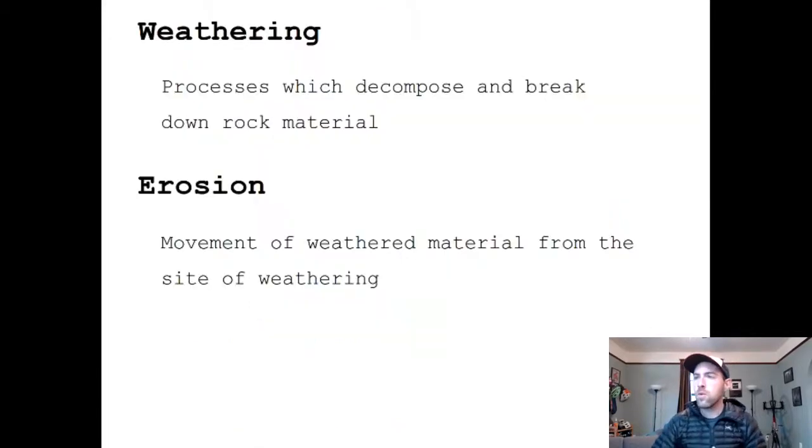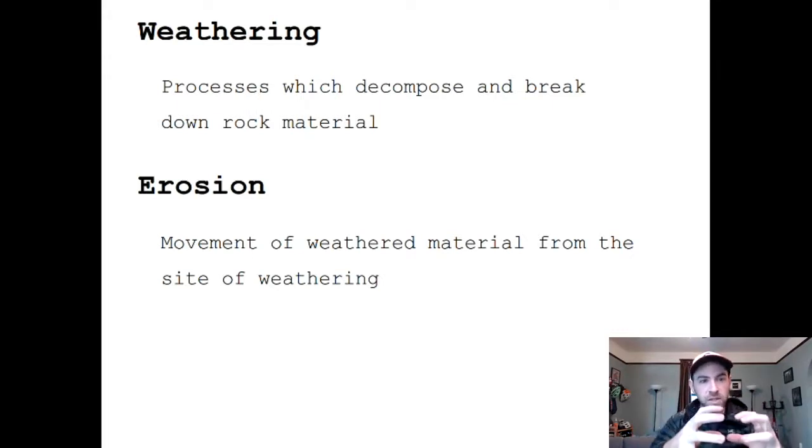So weathering is comprised of the processes which decompose and break down rock material. That's the basic definition of weathering, and it's distinguished from erosion in that weathering is the processes that occur in place where the rock sits. Essentially, it's the process that takes a large piece of rock and breaks it into smaller pieces of rock, right?